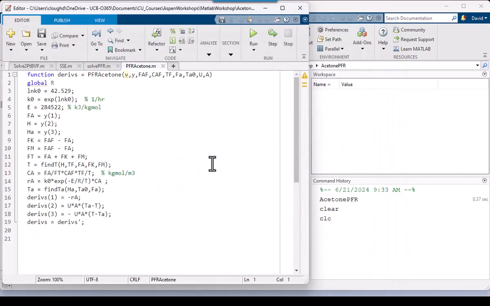One that computes our derivatives for us. And the main difference here as we come down through here is that we have our two functions, find T and find TA, that use the enthalpy data in order to find the temperatures using what we call the algebraic loop. So if we take a look at find T, let's open that.